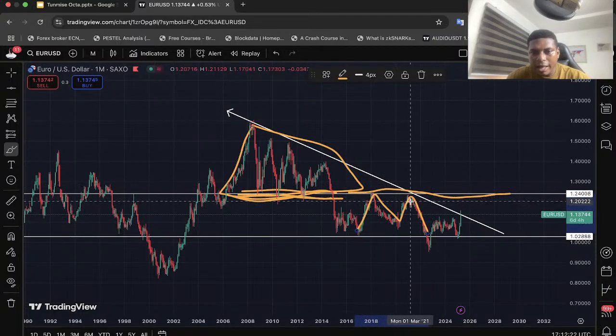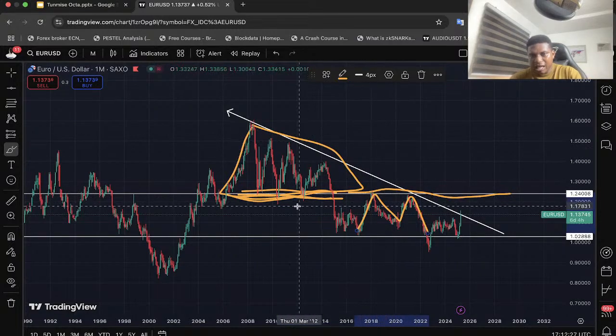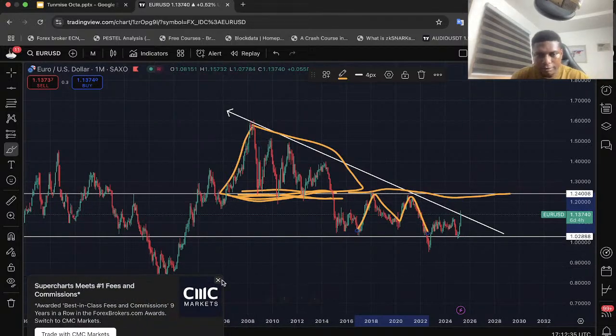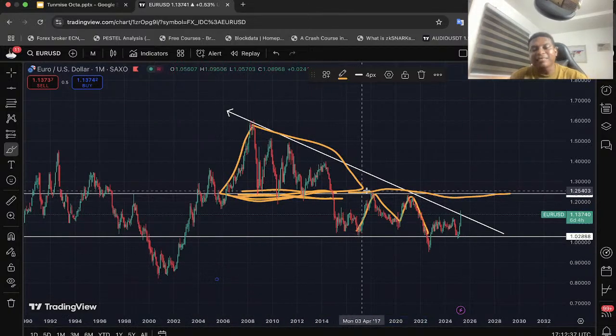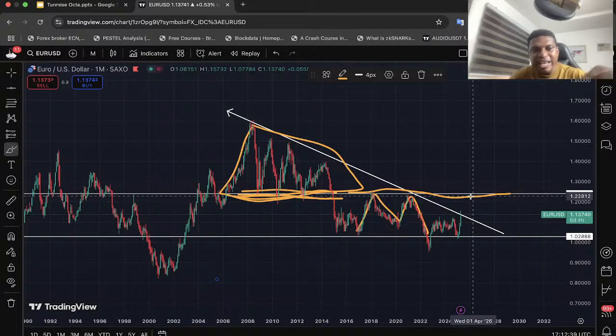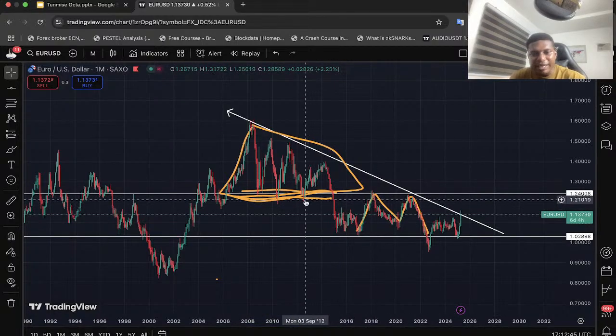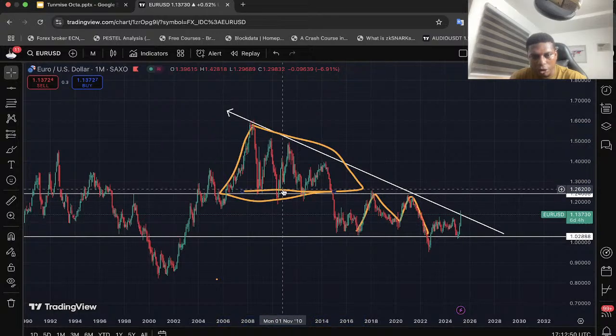And you can see how this level resisted price from going up, and also this same level acted as a support, preventing price from falling further. That made this level a very significant level to watch.